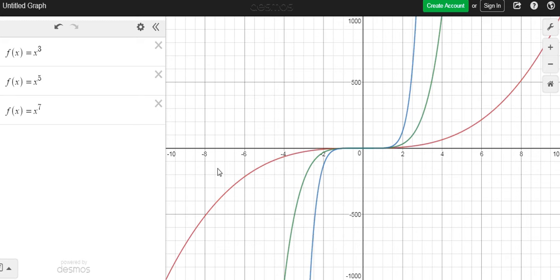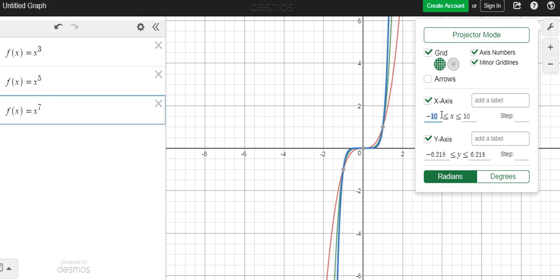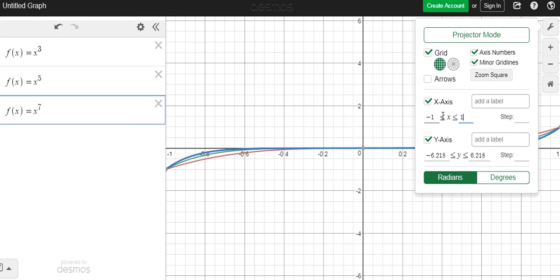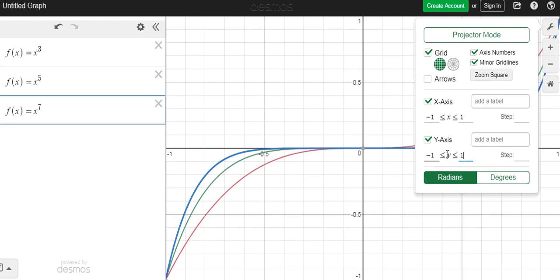Now look, again, my cube function looks like it's being stretched out vertically, right, as I go into higher orders. But what do you think is going to happen when I look at the absolute value of x being less than 1? I'm going to be looking at -1 and +1.